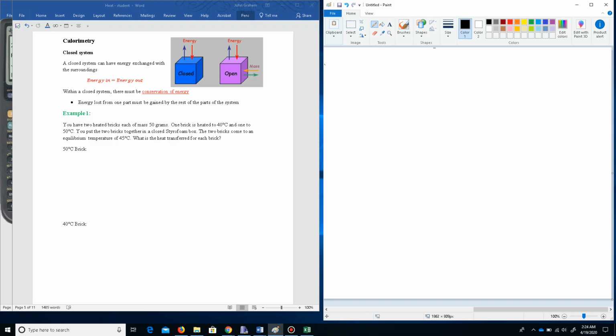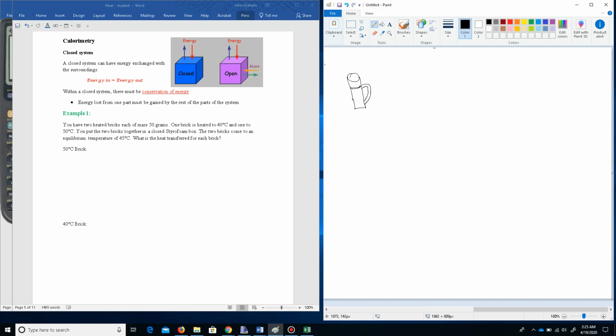A closed system can have energy exchange with the surroundings. So energy can go from this closed box to the air around it, and the air around it can put energy from the air around it into the closed box. Okay, example would be a sealed container. So let's say you have a thermos. Put a little handle on it. So you have this thermos, right, and it's sealed shut as best as you can.